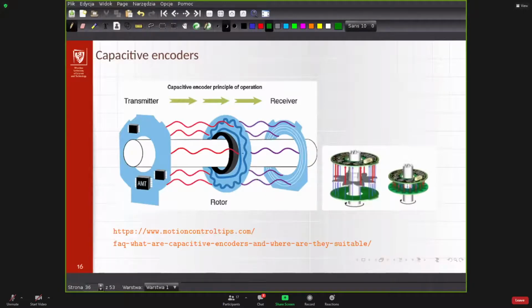Another approach that you can find is that the element in the middle is not printed; it is just shaped to a special shape. But the idea of how it works is exactly the same.